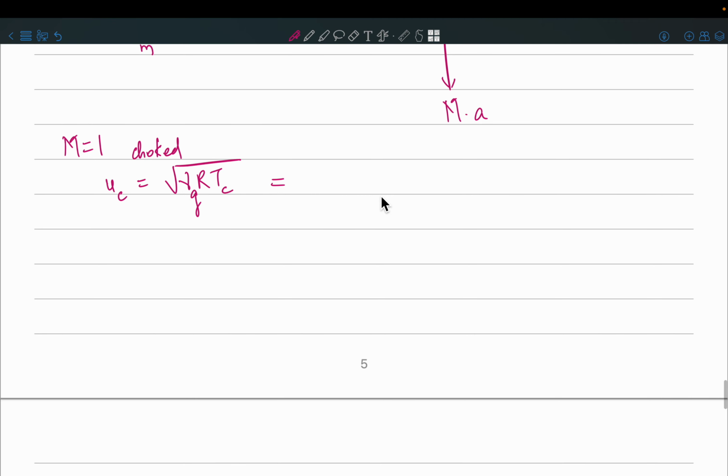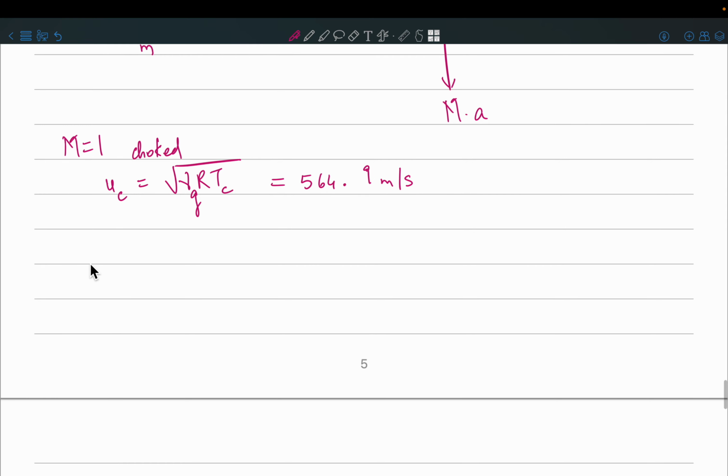Just calculate and tell me. What is the value of UC? Yeah, so it is 564.9 is what I have, meter per second.